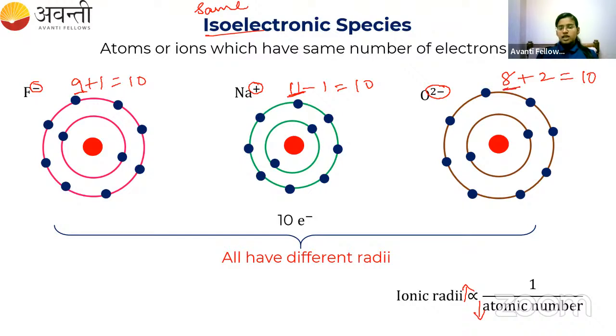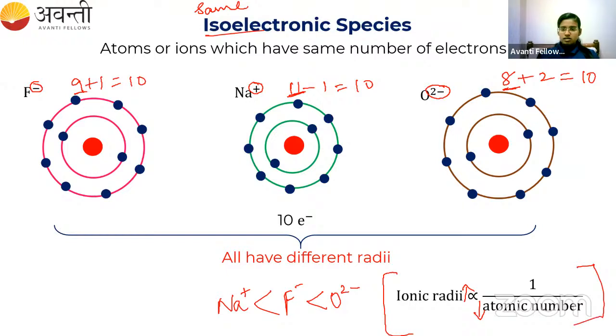Among these three, oxygen has the least atomic number value, no? So, that will have the highest radius value. O2 minus will have the highest size. Next F minus with atomic number 9. Then at last, only sodium plus. Clear? For isoelectronic species, size will differ, and to find out the order, you need to use this relation.